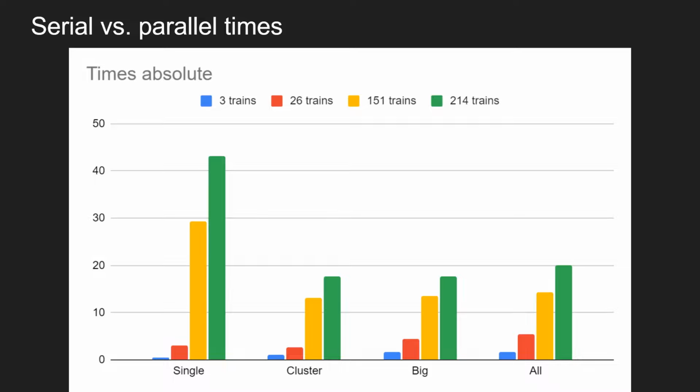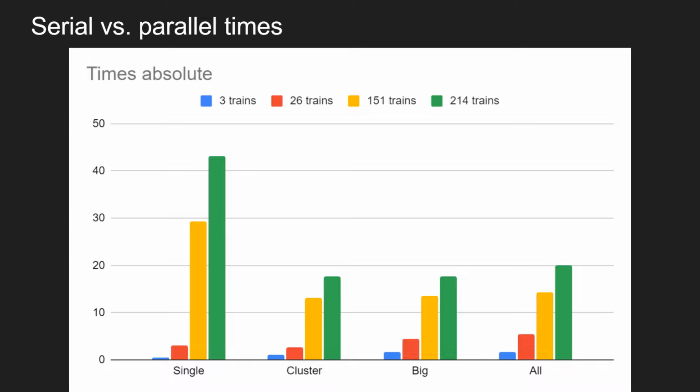I generated timings from 4 different sets of data. The first is a small level with only 3 trains, and this was very fast in general to run. In fact, for the single-threaded run, it took about half a microsecond per tick. The test with 26 trains was one of the city levels where I had filled out the level to be about as optimal as I could.